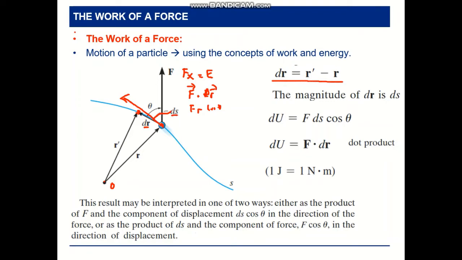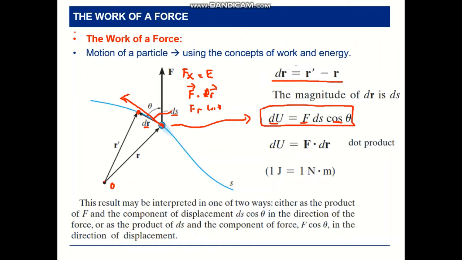We can represent it with this concept: the infinitesimal change of energy is equal to the force acting on it multiplied by cosine theta, which is the projection onto the path ds. So F ds cosine theta gives us the infinitesimal change in the s direction, or whatever the tangent of this path is.